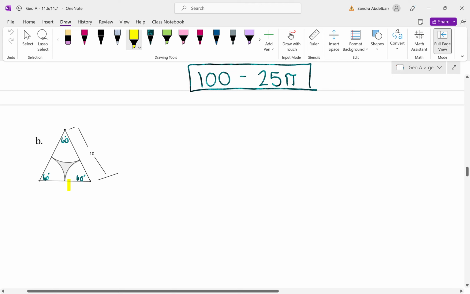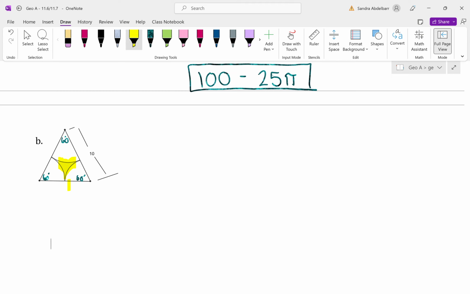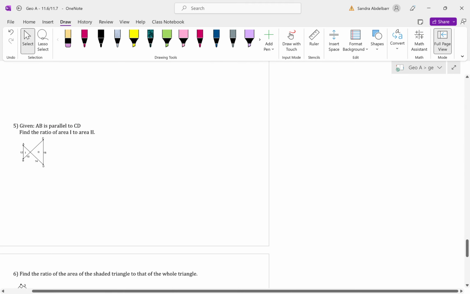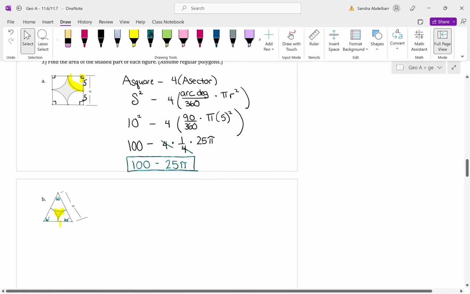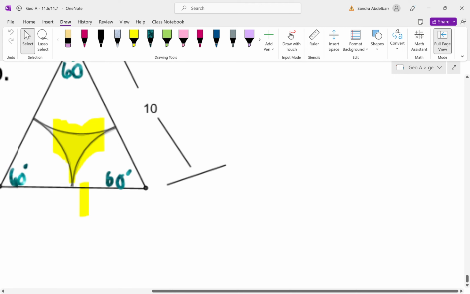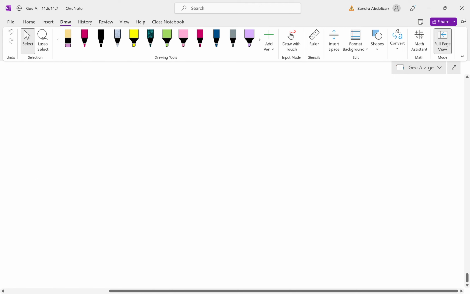All right, so we want to find the shaded region, which is this yellow part right in here. Any ideas on how I can find just that shaded region? Mia?